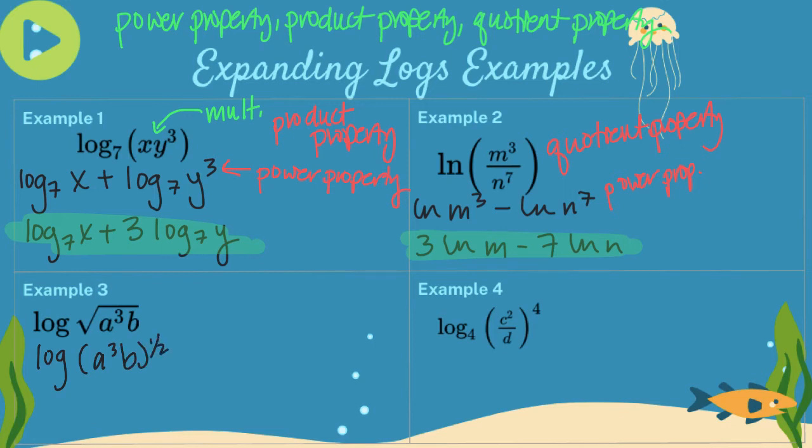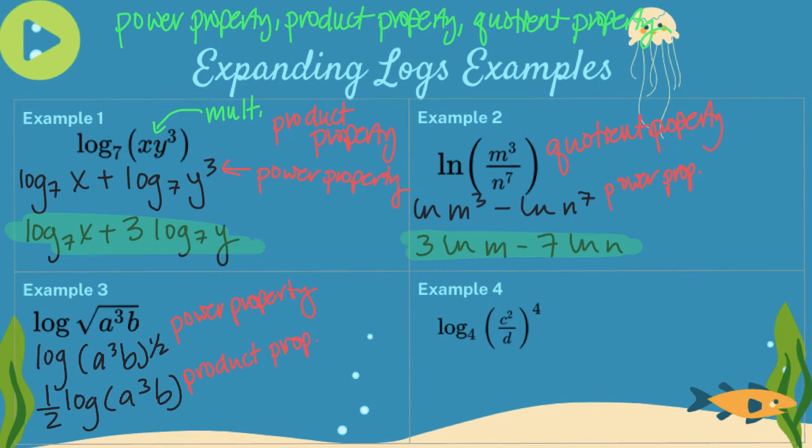So I notice that 1/2 there is an exponent, so I can use the power property to bring that 1/2 in front. And then I have a cubed times b. Those are multiplied, so I can use the product property to expand.